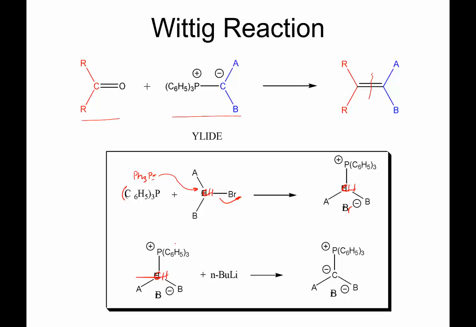Okay, and so the next step then is to deprotonate that CH using butyllithium, which is C minus with an Li plus. I could use really any C minus species here.